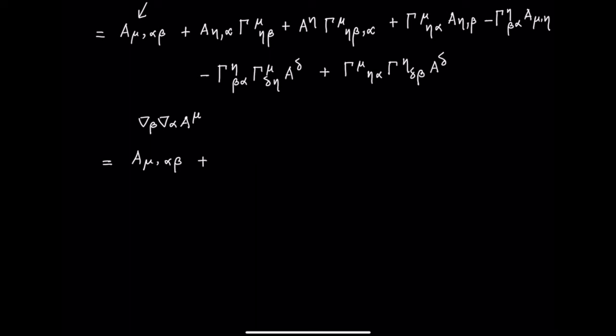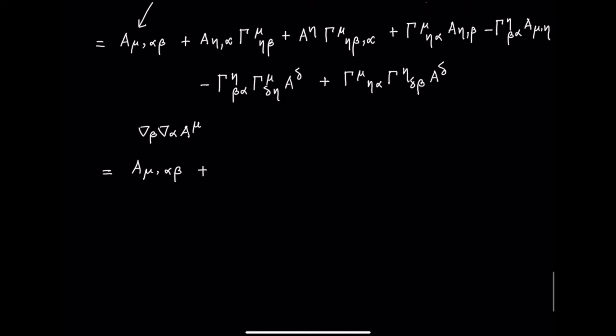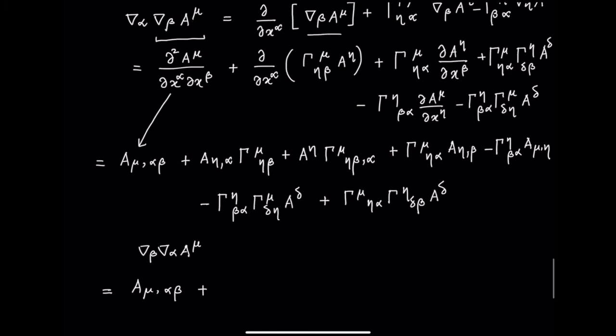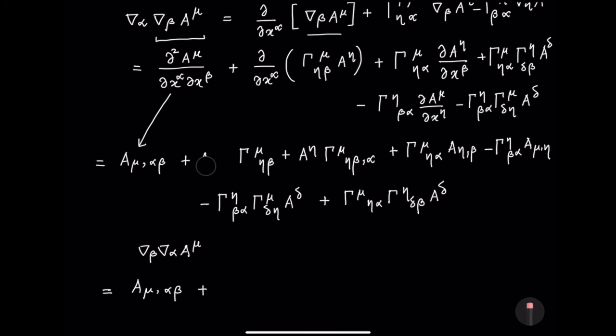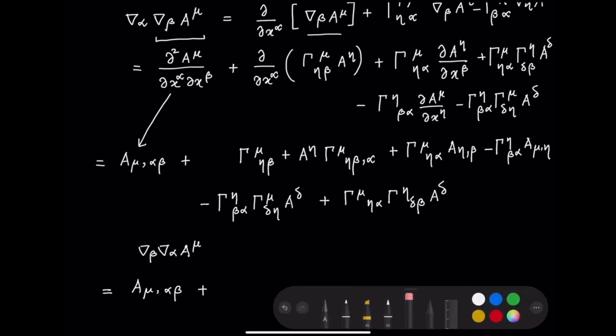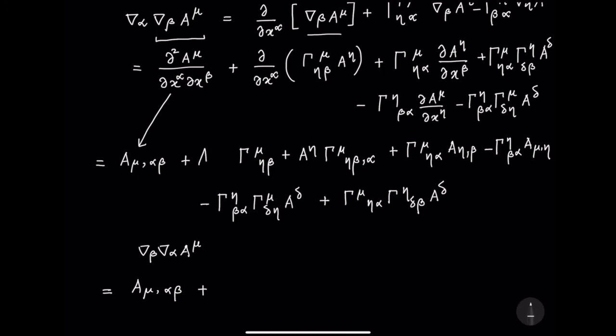Then, if I interchange alpha with beta in the second term, this is where I have done it wrong. So this should be A eta alpha.